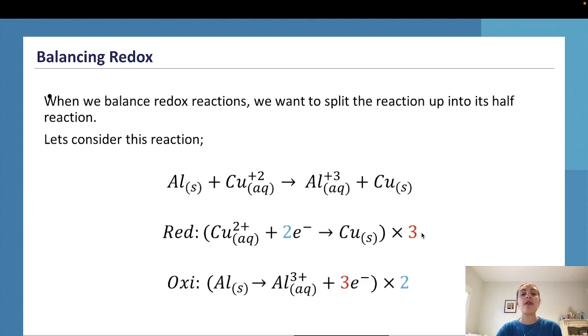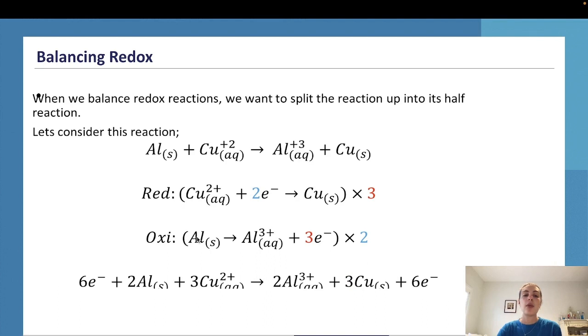So we need to find the lowest common multiple. The lowest common multiple between 2 and 3 is going to be 6. So we need to multiply our reduction reaction by 3 and our oxidation reaction by 2.